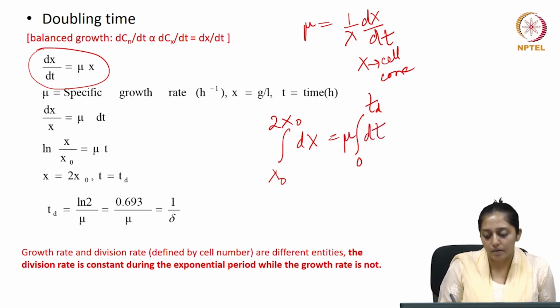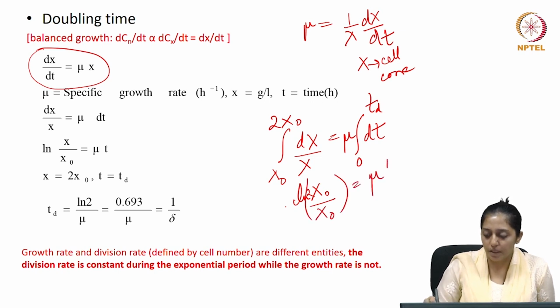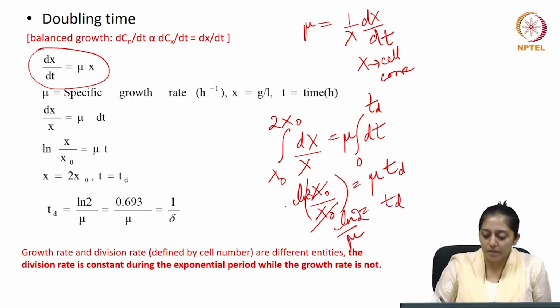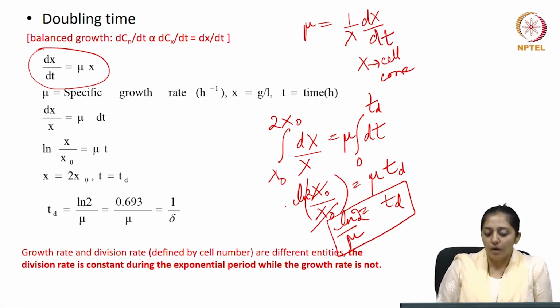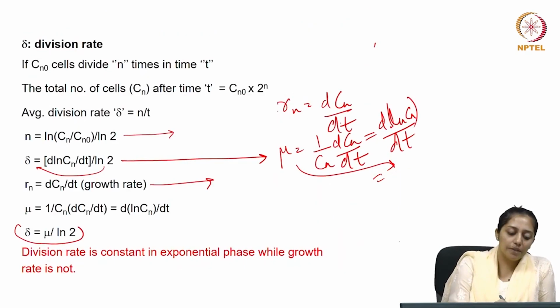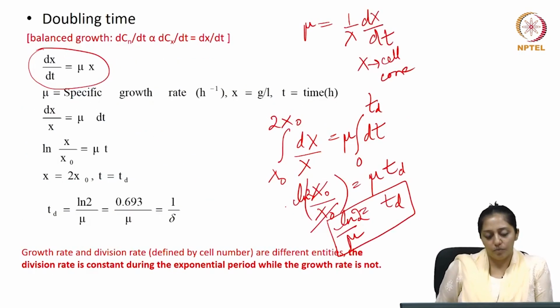So, then it becomes ln of 2x naught by x naught is equal to mu t. So, then your doubling time becomes ln 2 by mu. Now, we know how the division rate is related to the specific growth rate. Division rate from here is equal to mu by ln 2.